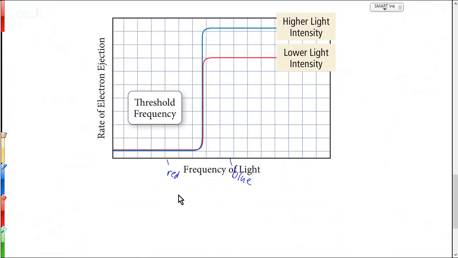Anybody know what the little packets are called? Photons, yeah. So a photon we can think of as a little packet of light.